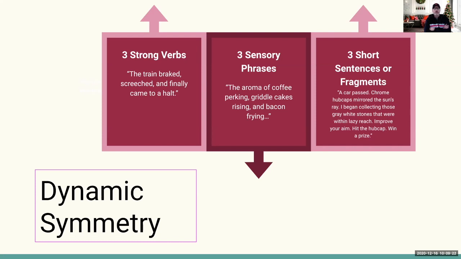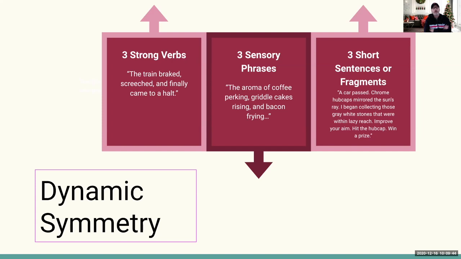It's just one of those things that our brain processes when we're working in series of 3s. For instance, as far as a transitional device is concerned, 3 strong verbs. The train braked, screeched, and finally came to a halt.